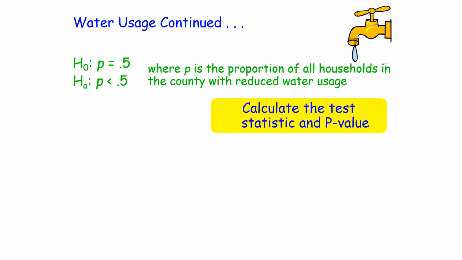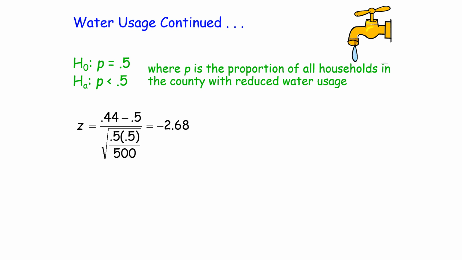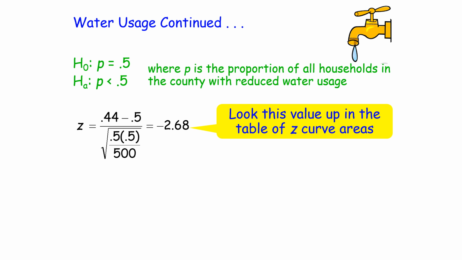Now, we'll calculate the test statistic and the p-value. Plugging in our values, we get a z-value of negative 2.68. We'll then look this value up in the table of z-curve areas.